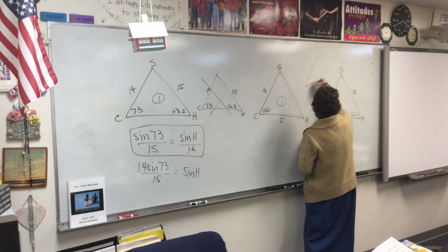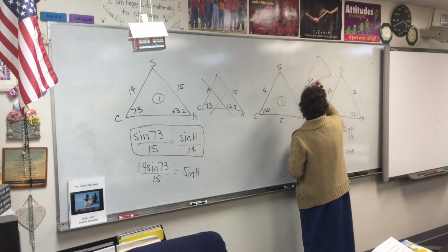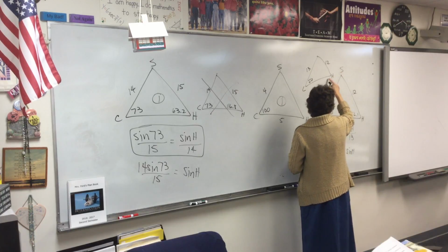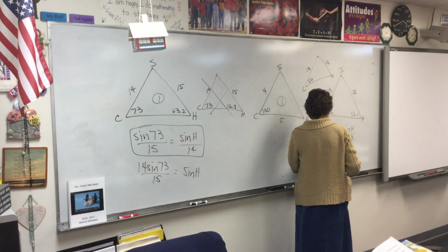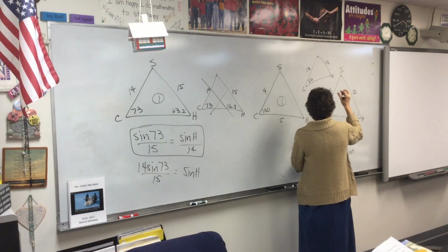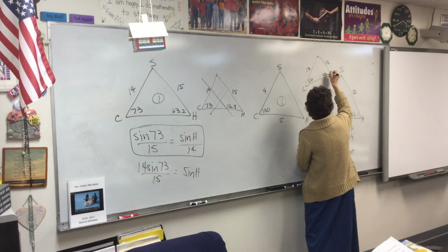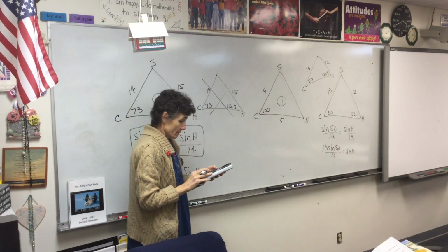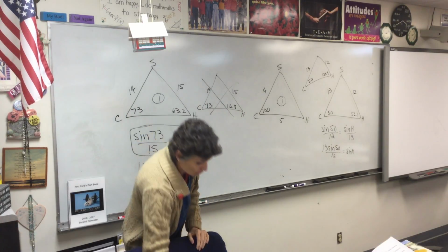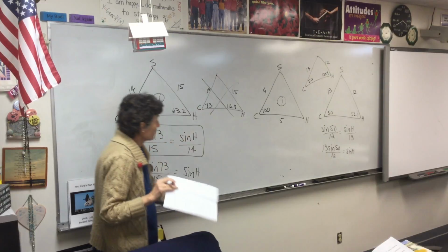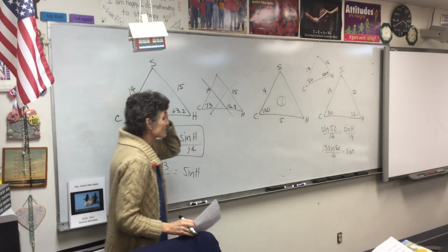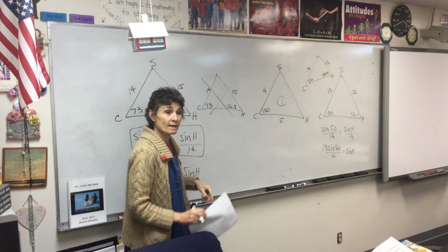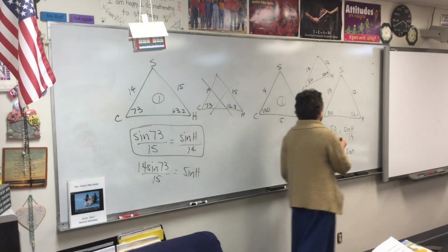If there is a second one, the second possible angle H would be 123.9. Would that be possible? Could I have an angle of 123 in the same triangle with an angle of 50? Yep. So this one has two possible triangles.